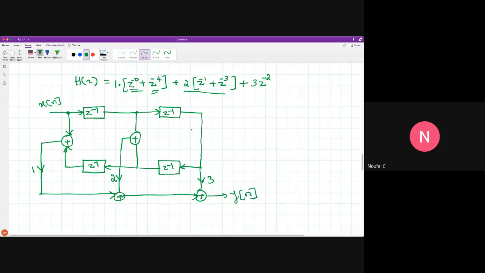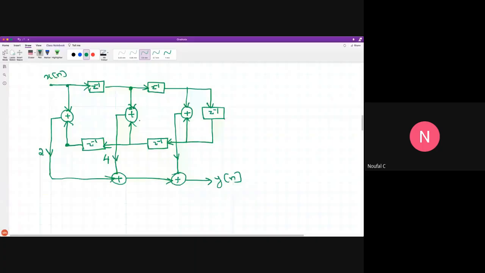Okay, and one thing that you need to notice is the advantage of drawing the linear phase realization is you can reduce the number of multiplications. Okay, so if it was not the linear phase realization, if you just take the example of this case, you'd have to multiply z raised to -1 with 4, again z raised to -4 with 4.